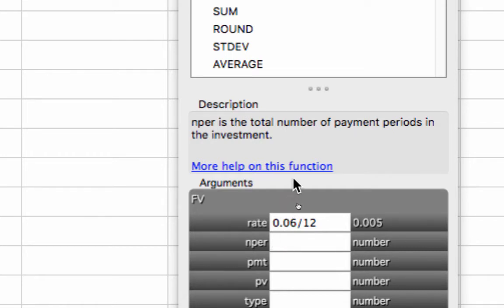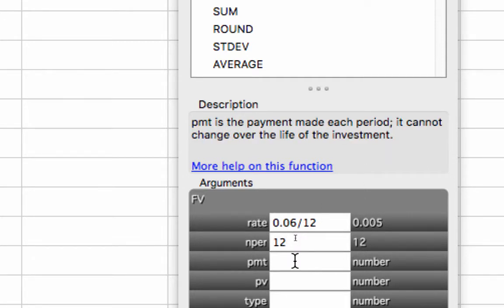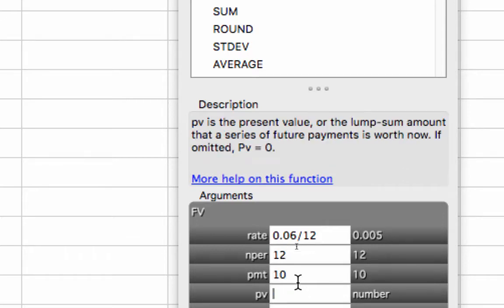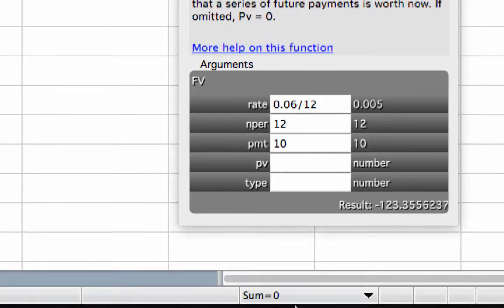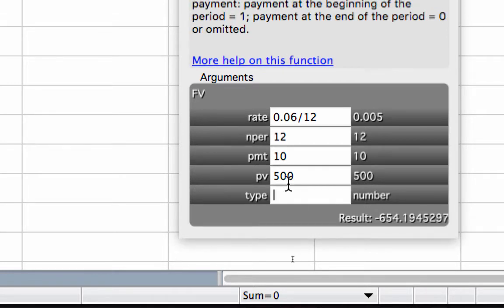Nper is the total number of payment periods in the investment. We were trying to see how much we had at the end of 12 months, or a year, and we made 12 payments in that one year period. The payment is $10. PV is the present value, how much you had to start with, which was $500. The type here, since we're doing an ordinary annuity, Excel tells you at the top: payments at the end of the period is type 0.